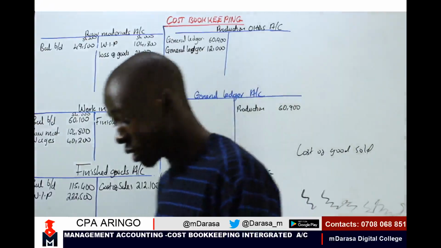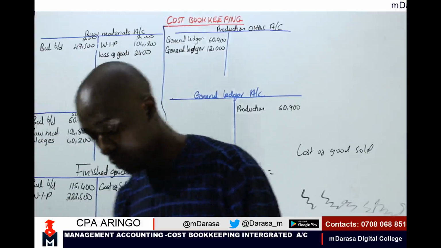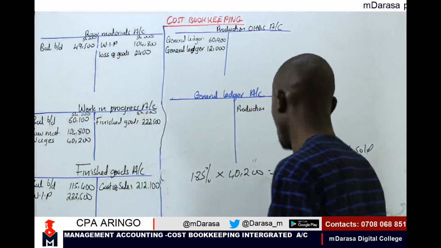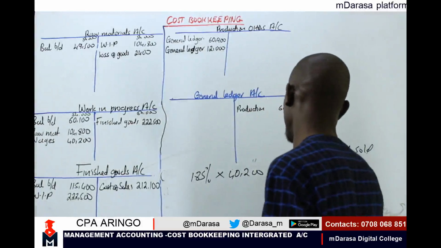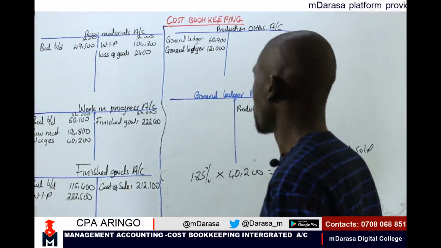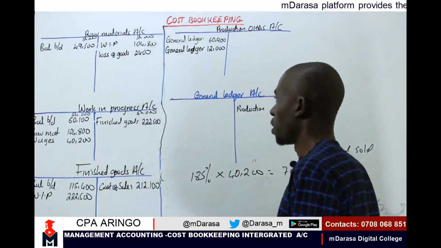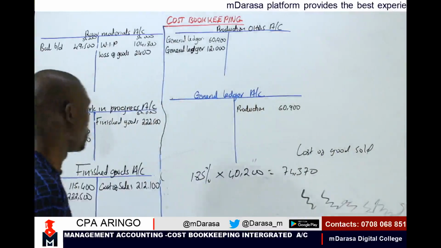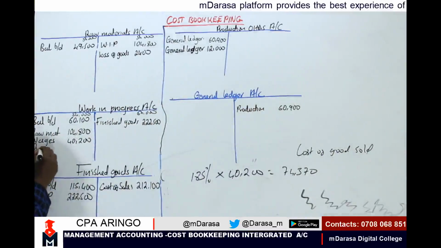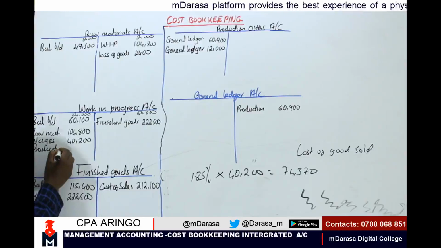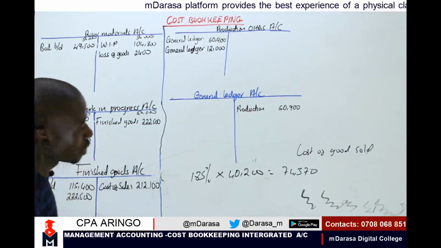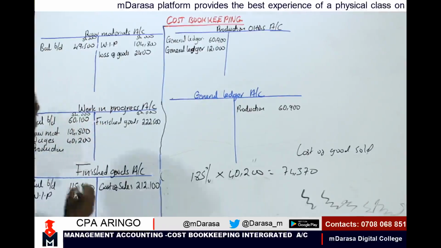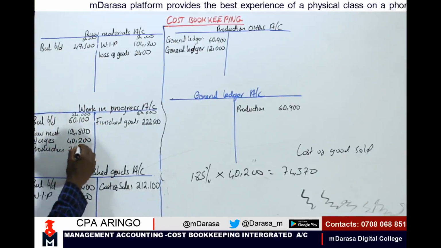How much? 74,370. So affecting our work in progress, I'll come and have here from our production. That is what you are told. Production was charged at that much. How much were we given? 74,370.